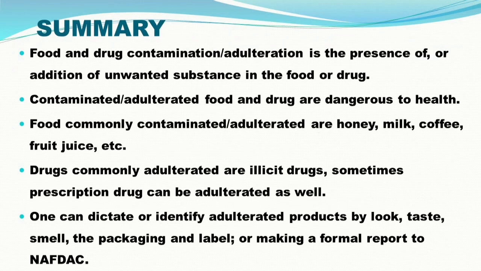In summary, food and drug contamination and adulteration is the presence of or addition of unwanted substance in a food or drug. Contaminated and adulterated food and drug are dangerous to health. Foods commonly adulterated are honey, milk, coffee, different types of juice, etc. Drugs commonly adulterated are illicit drugs.